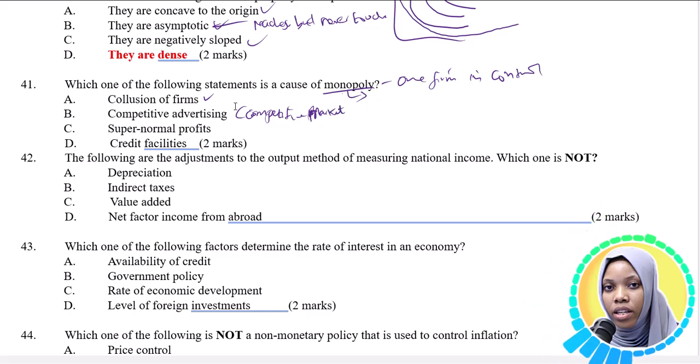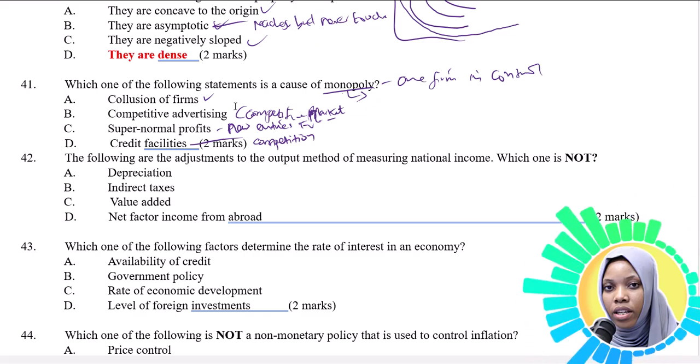Supernormal profit will also lead to competition since there will be new entries into the market. And credit facilities will also lead to competition because people will have money to join in the different businesses.